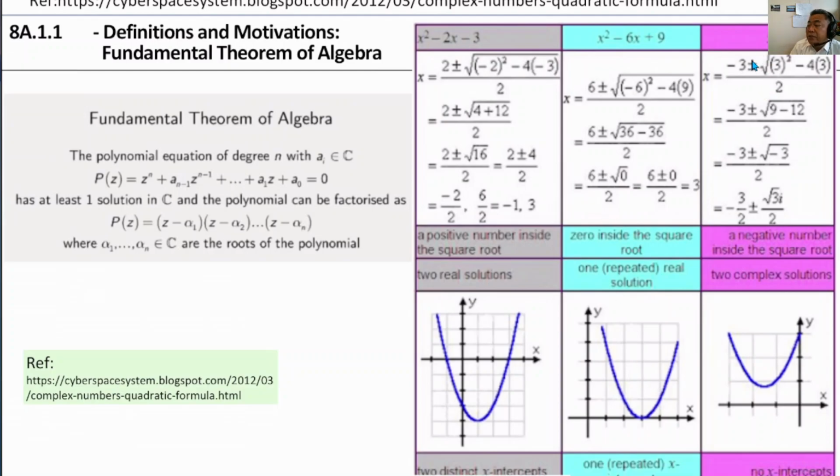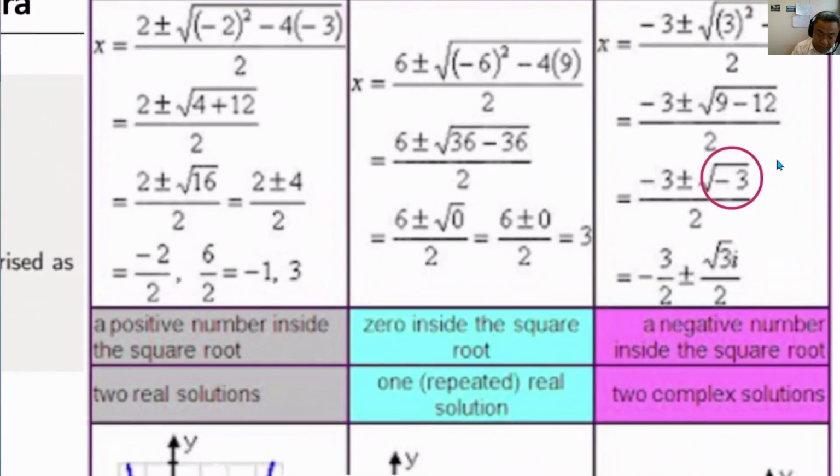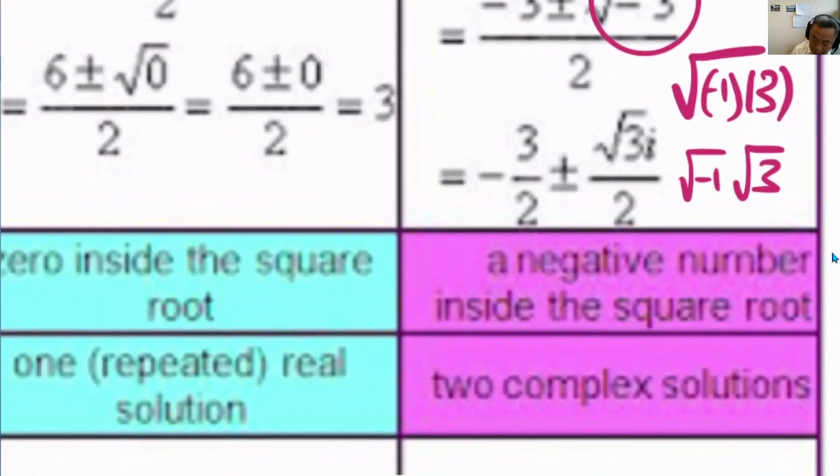Of course, we have already realized that when the constants are such that the square root sign becomes negative, we do not know how to solve them. In the last lecture we already saw that we can plug in the square root of minus 1 multiplied by 3, which is the square root of minus 1 times the square root of 3, which equals j times the square root of 3, or sometimes we call j as i as well.